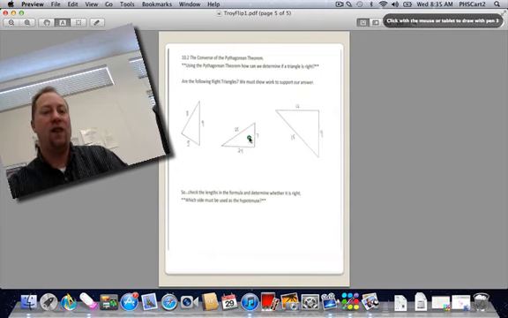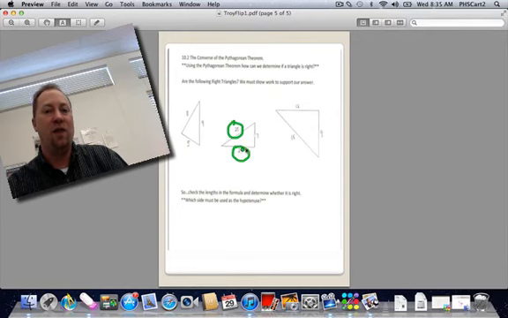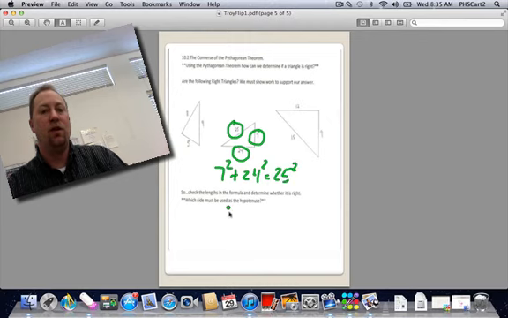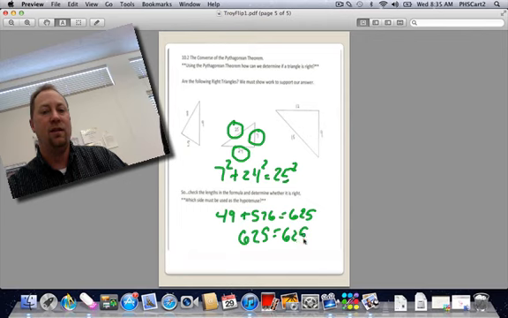Okay? The second one, as I look at this, if I try these sides, 7, 24, and 25, you're going to have a better situation. This 25 would be your hypotenuse. Those guys would be your legs. You're going to set up 7 squared plus 24 squared equals 25 squared. So you're going to wind up with 49 plus 576 equals 625. When we do that, we get 625 equals 625, okay, which is true.